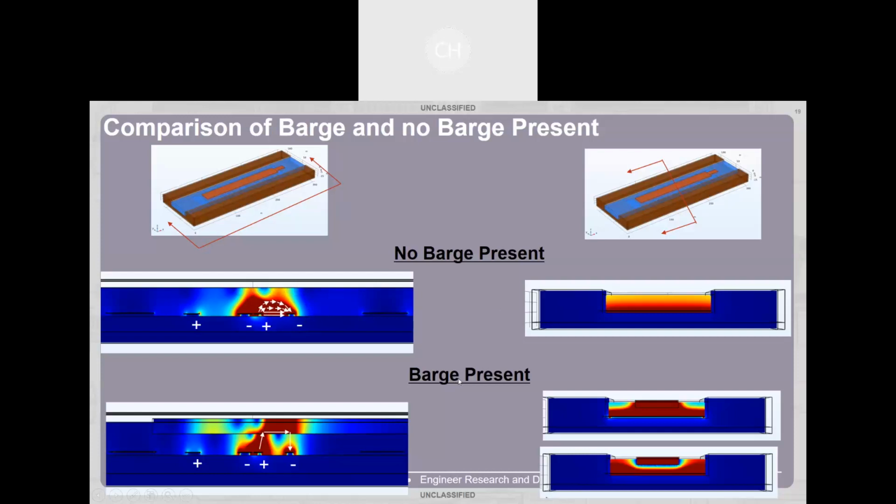And so when a barge does become present in the river over those electrodes, all different things start to change, because that barge is really just a giant sheet of steel. And so it's extremely high conductivity.